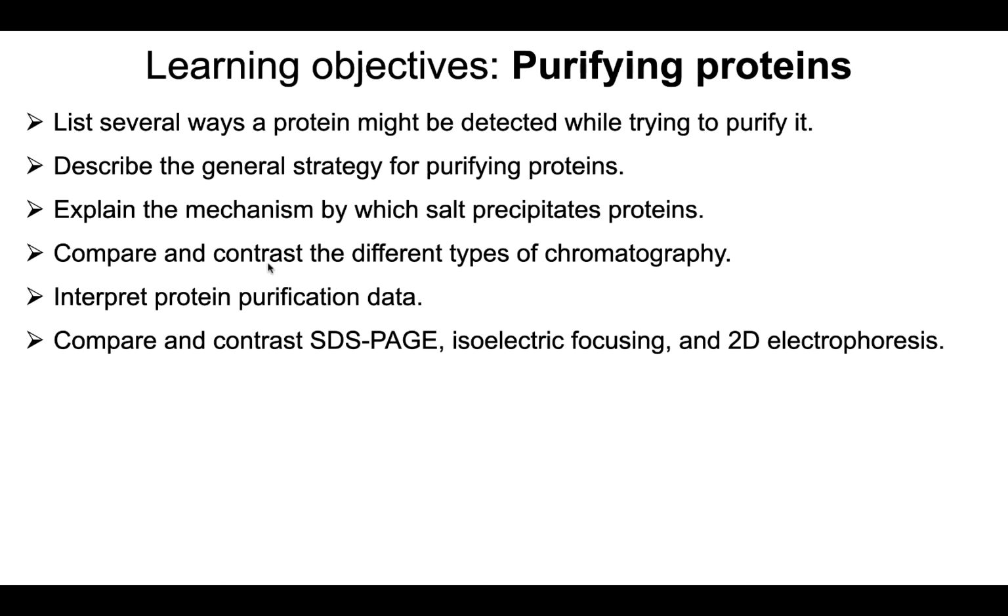I want you to compare and contrast the different types of column chromatography. Be able to interpret protein purification data, look at each one of those pieces of data that you have to measure and what you can calculate. Compare and contrast SDS-PAGE, isoelectric focusing, and 2D electrophoresis.